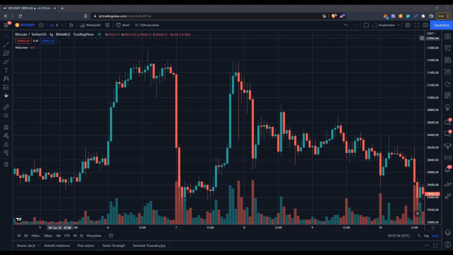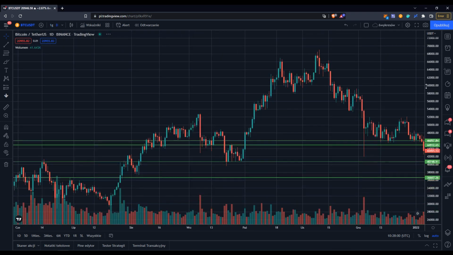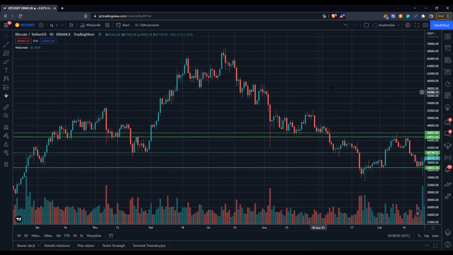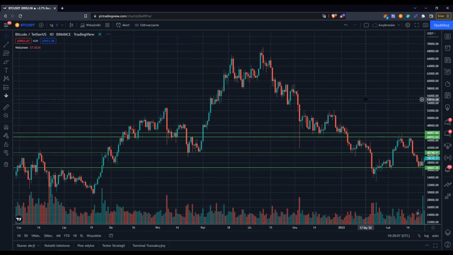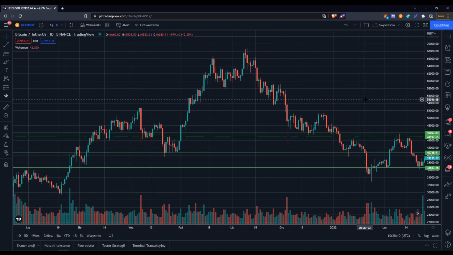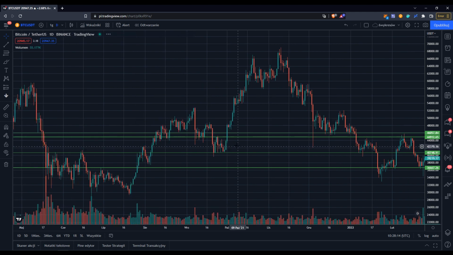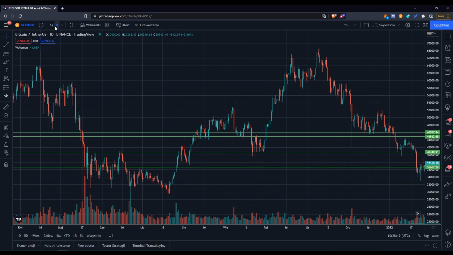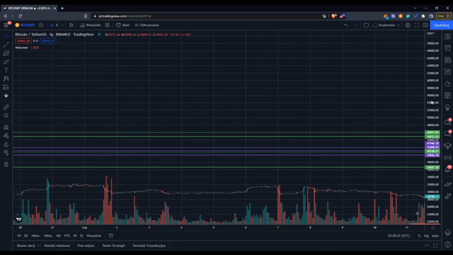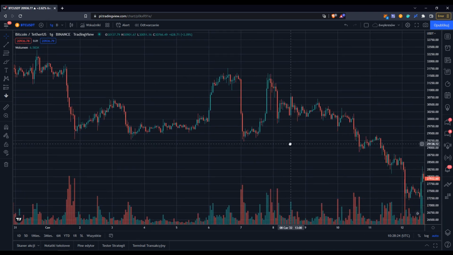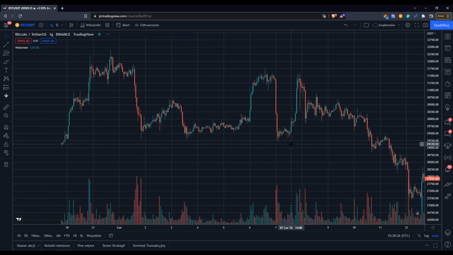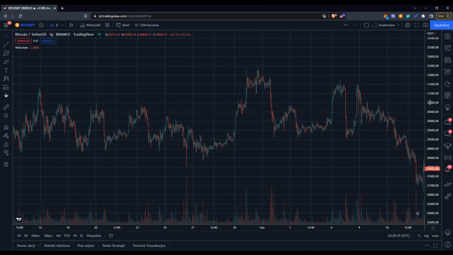The second strategy is also very useful, and it's based on consolidation periods. In case of the move higher or move lower, we are trying to find the consolidation periods, and we are trying to trade based on the boxes, right?